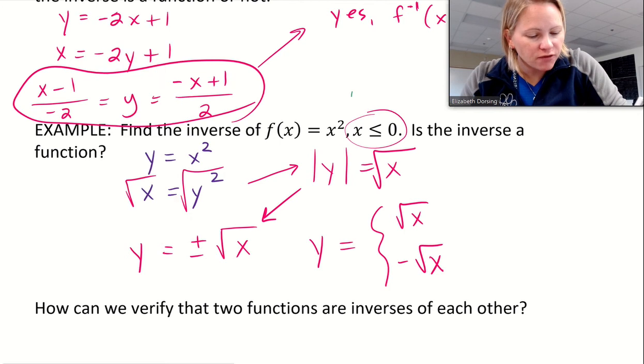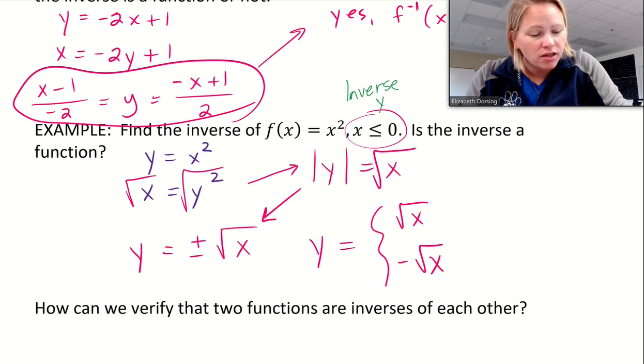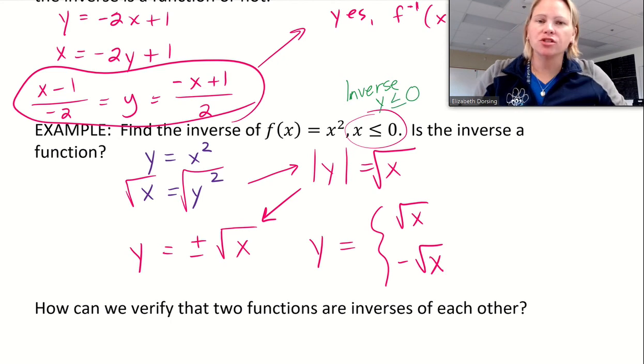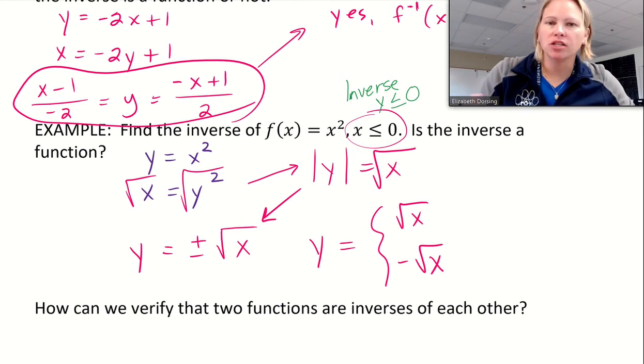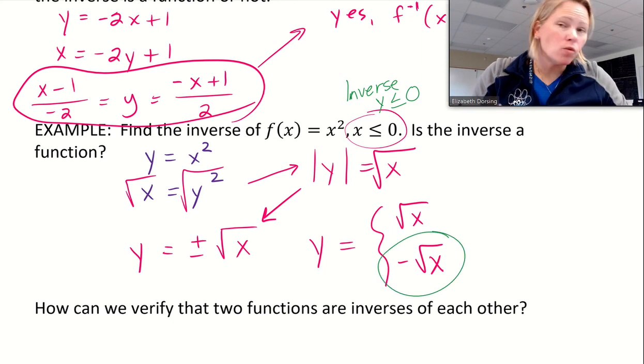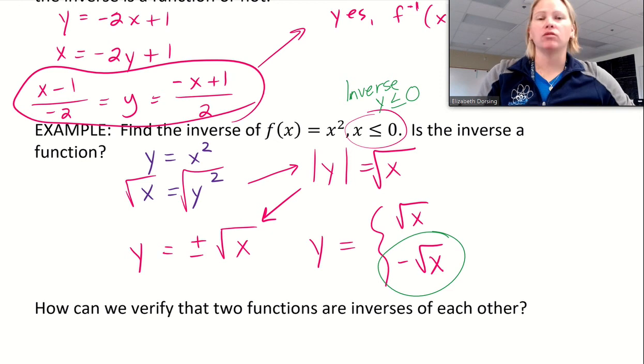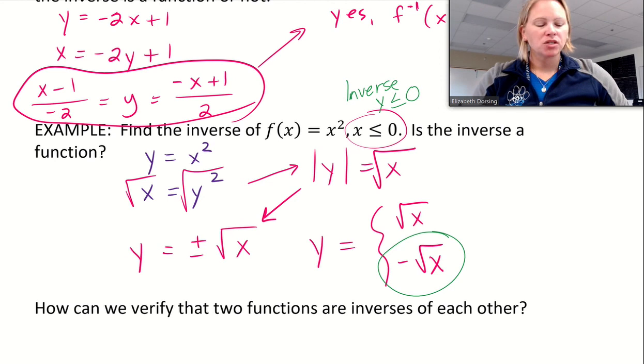So for the inverse, if my original function says x has to be less than or equal to 0, for the inverse function, that's going to become the restriction on the range. So we only want answers that are going to be less than or equal to 0 here. So what that means is we want that set of values. We want the negative square root of x because we want our y values to come back at us being negative. So here's where that domain restriction comes into play.